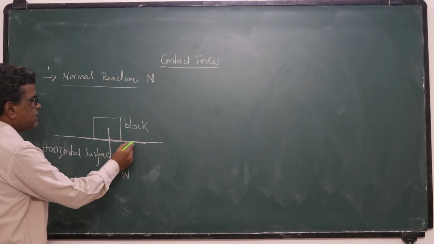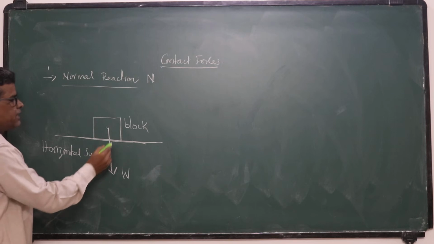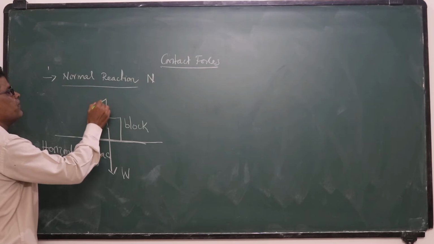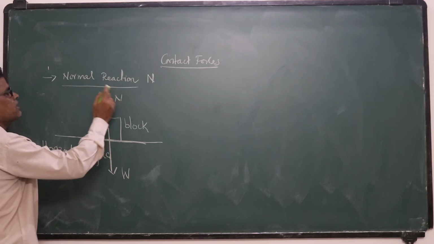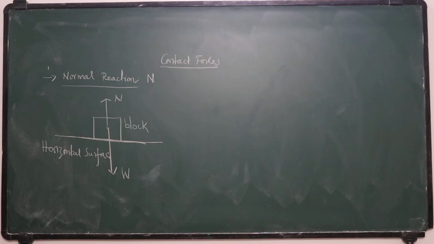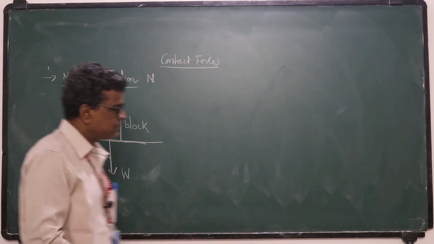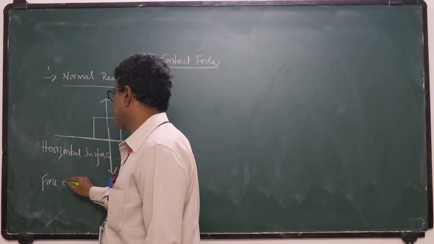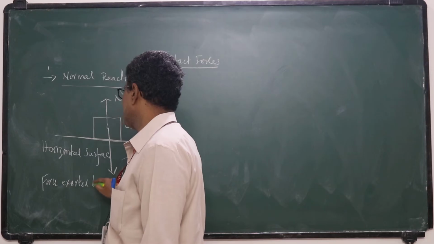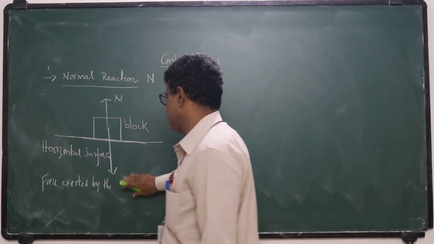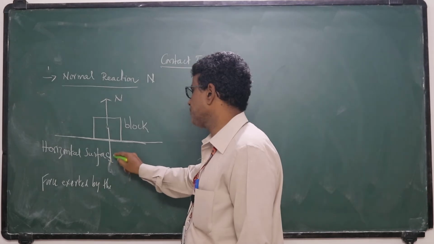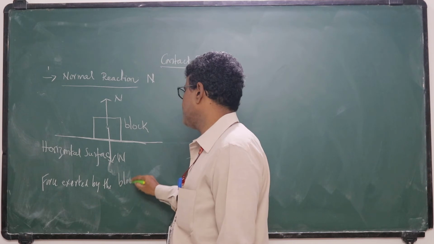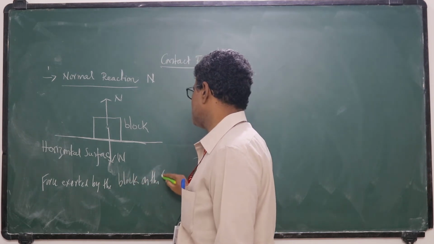The second one is that the horizontal surface in turn exerts a force on the object which is vertically up, normal to the surface. Hence it is called normal reaction. What is the force exerted by the block on the surface?